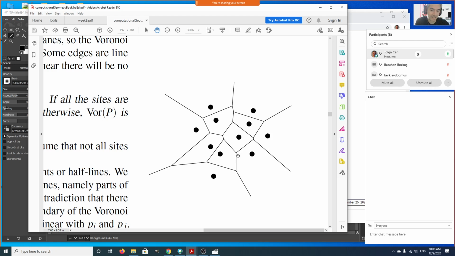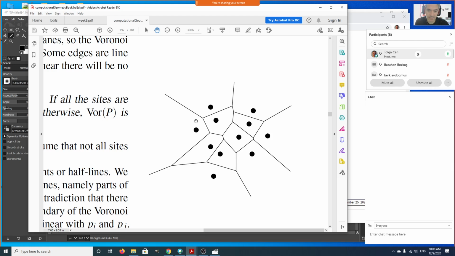What makes a vertex? Why is this a vertex, for example? Why is this an edge? Why do we have an edge at this position like this? Since we're talking about distances, these properties are actually derived from distances. For example, an edge of a Voronoi diagram is actually the bisector of 2 points.